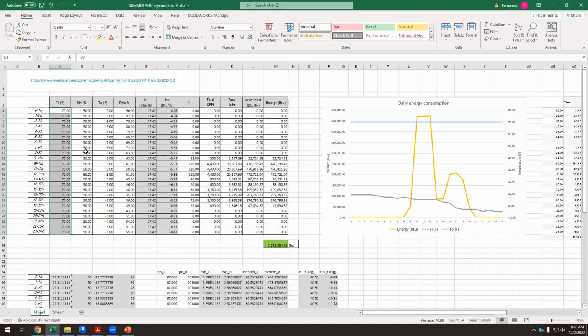We don't have storage here. When I have no occupancy, I have no heating loads. Okay, so that means that I'm not keeping 70 Fahrenheit even when the building is empty, because I multiply by the number of people. So I can keep comfort temperature. So comfort temperature is 70. So I can keep this column.